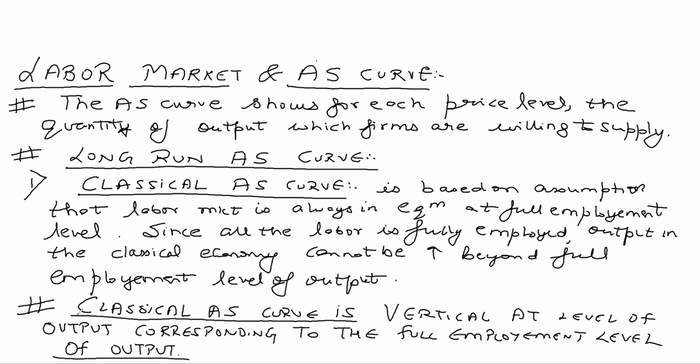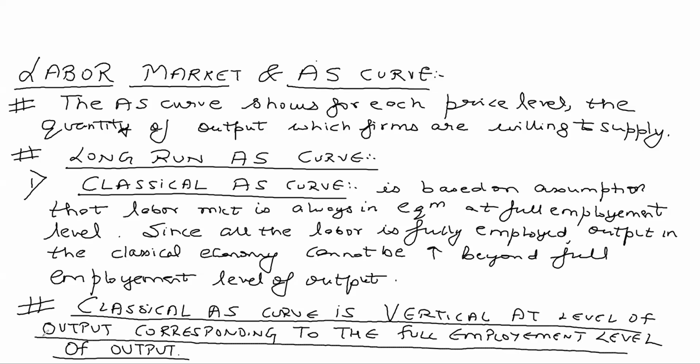So since output in the economy cannot be increased beyond the full employment level because all the labor is fully employed, therefore the classical aggregate supply curve will be vertical.